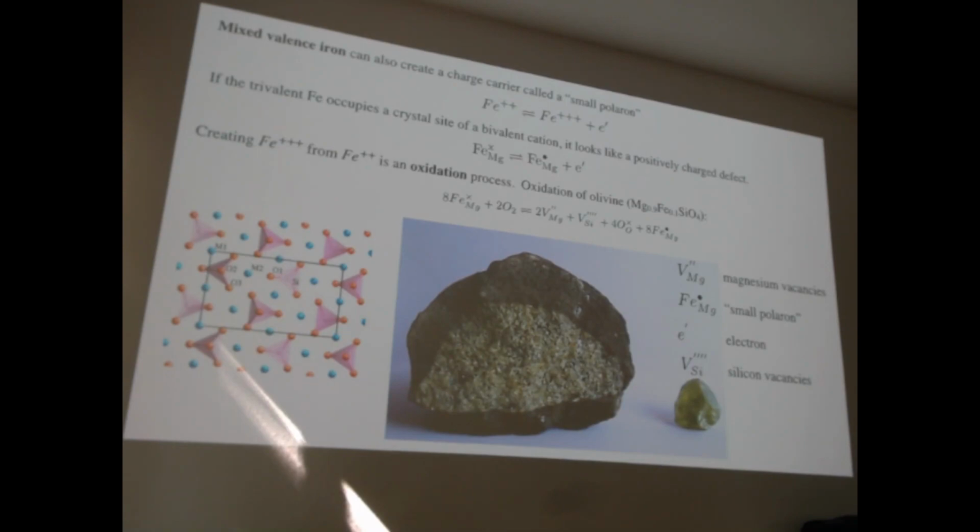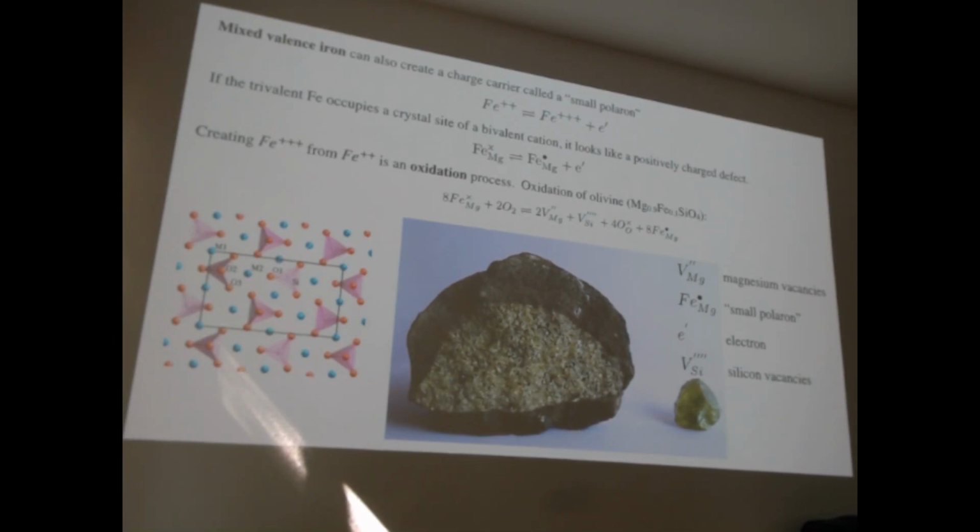And the thing that makes olivine really interesting is that iron is a really interesting material because it's very common throughout the solar system, and it can exist in two valence states. It can exist as Fe2+ or Fe3+.